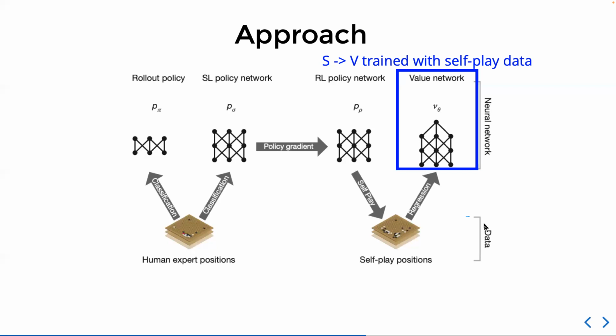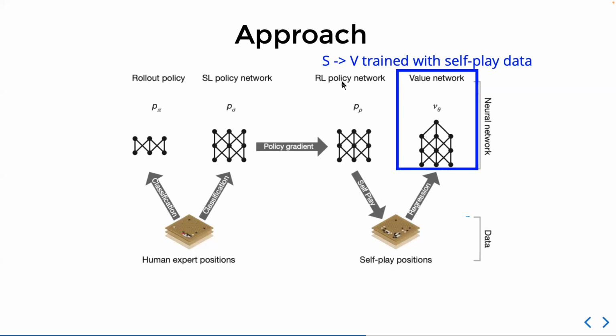First, we have 4 networks. We have 3 policy networks. Two of these are trained with human expert games. The only difference between the rollout policy and the SL policy is that the rollout policy has a simpler model architecture. The RL policy network improves on the supervised learning one by using self-play data. Then the value network is trained with data generated from the RL policy network.